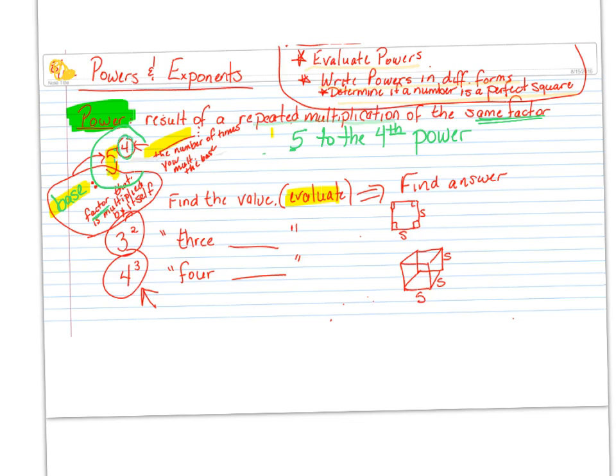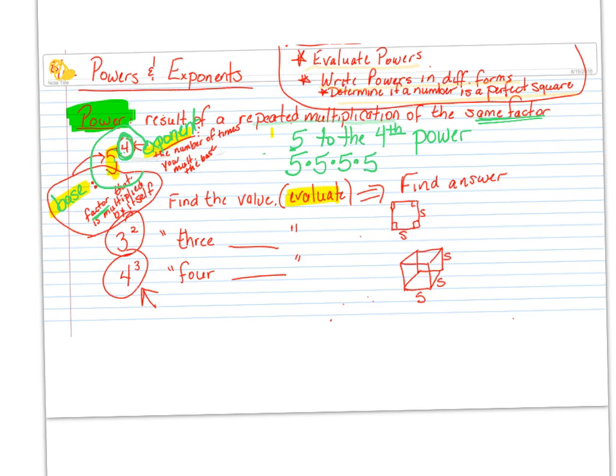Now the little 4 up here is what we call the exponent. And the exponent of 4 means you are going to multiply 5 by itself 4 times. So you basically write down 4 5s. So that means it's 5 times 5 times 5 times 5. That's exactly what that means.